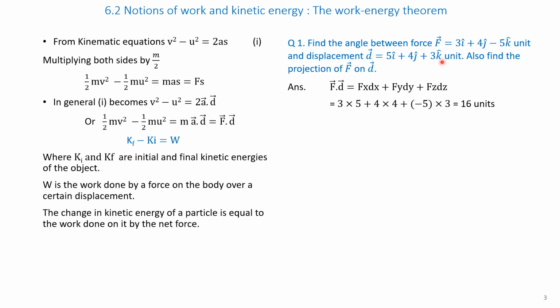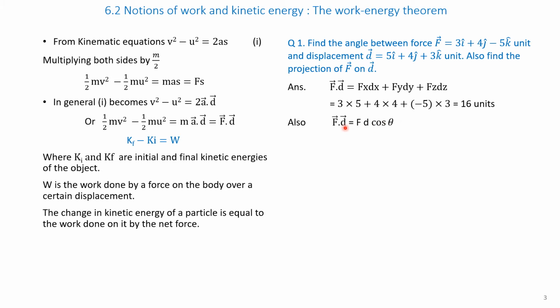Therefore, applying values here, 3 into 5 plus 4 into 4 plus minus 5 into 3. That is equal to 16 units.